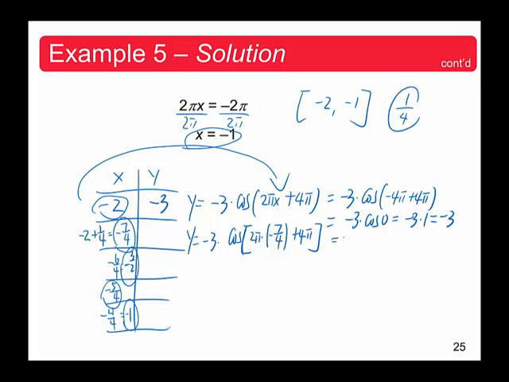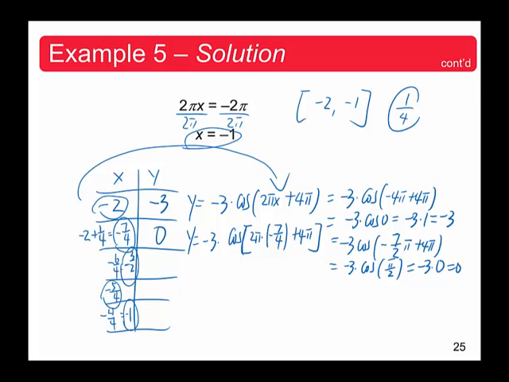And this is negative 3 times cosine, simplify that, you get negative 7 over 2 pi plus 4 pi. If you combine them, it becomes negative 3 times cosine pi over 2. Cosine 90 degrees equals 0. Negative 3 times 0 becomes 0.